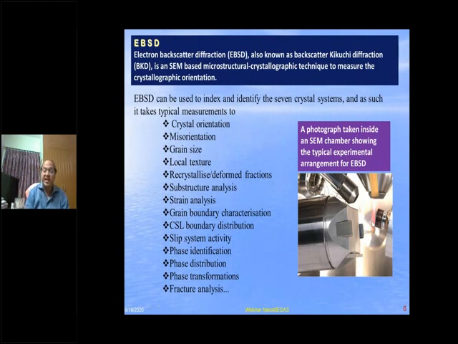That pattern is analyzed through a detector called the EBSD detector, and this detector gives us information such as crystal orientation, misorientation, grain size, local texture, recrystallized fractions, substructure, strains, grain boundary, phase identification, and phase distribution. This sort of information we can get from EBSD.